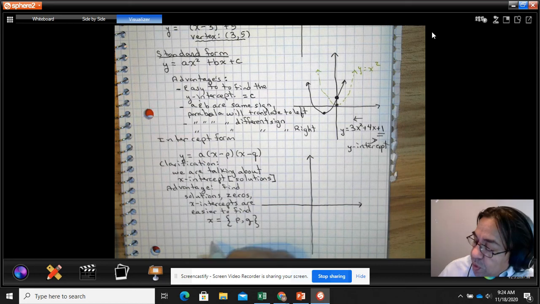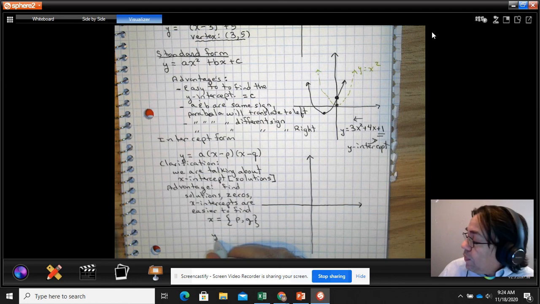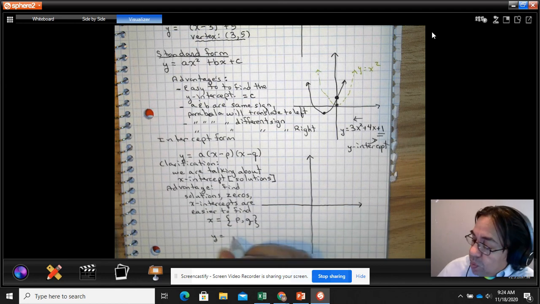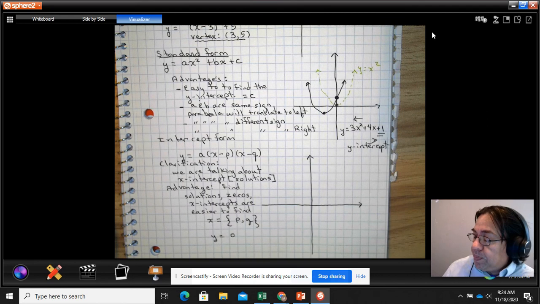But also you need to understand that they're found at p and q when y is equal to 0. So what you have is two coordinates: the coordinates (p, 0) and the coordinates (q, 0).